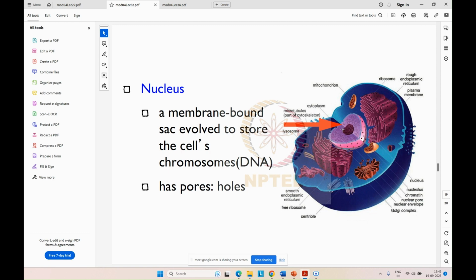The bilayer that surrounds the nucleus has pores in it, and these pores help traffic out the RNA molecules that are created after transcription of the genes using RNA polymerase.